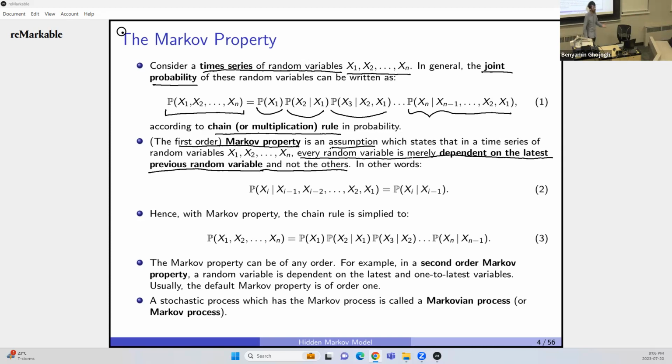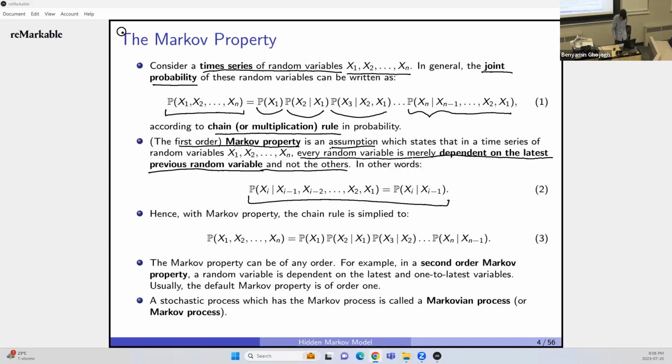Why does it make sense? Because when we say x2 is dependent on x1, some information of x1 is already hidden in x2. Therefore, x3 can say, okay, the information of x1 is already in x2. Although you have some loss of information, the Markov property ignores that loss, right? So if we use the Markov property, then equation 1 simplifies.